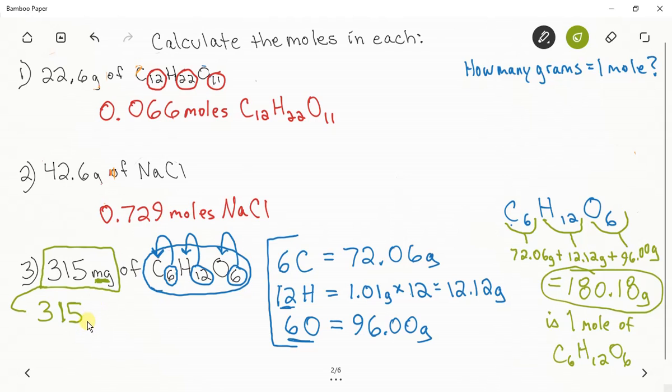If you want to convert milligrams into grams, you just take where the decimal point would be after the 315 and move it back 3 spaces. So 315 milligrams equals 0.315 grams.